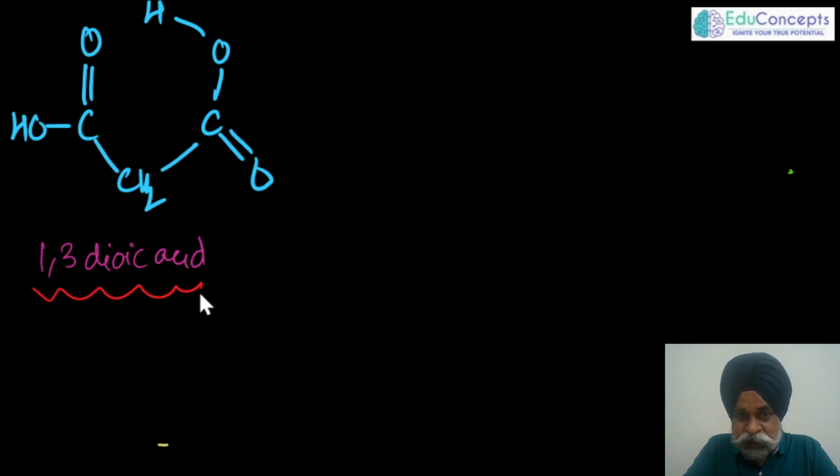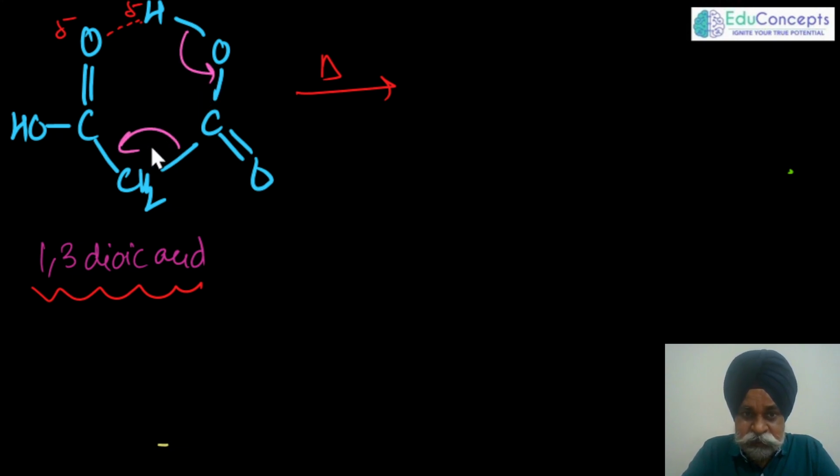Similarly, if you have 1,3-dioic acid, if I mark this as 1, this is 2, this is 3, so this is 1,3-dioic acid. 1,3-dioic acid also contains that feature. If you strongly heat it, you again get a sort of six-membered ring being generated, almost the same way as we have done in the previous case.